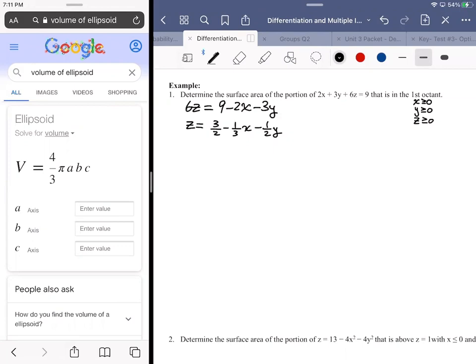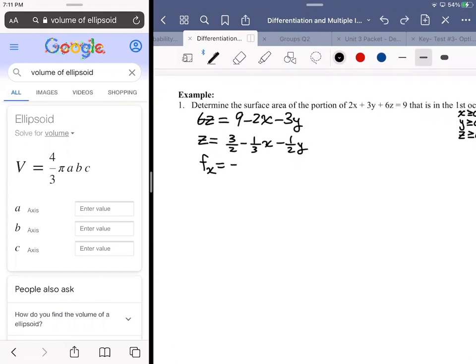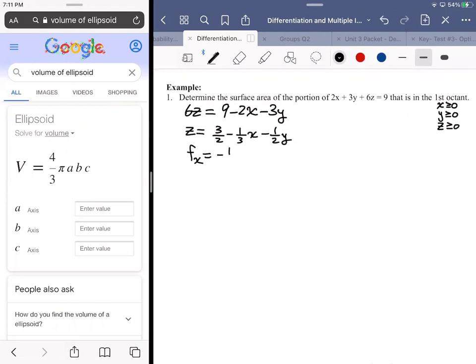Very often your partials will be constant. I'm not going to guarantee that always happens, but it happens pretty frequently. So the partial with respect to x is negative 1/3, and the partial with respect to y is negative 1/2.